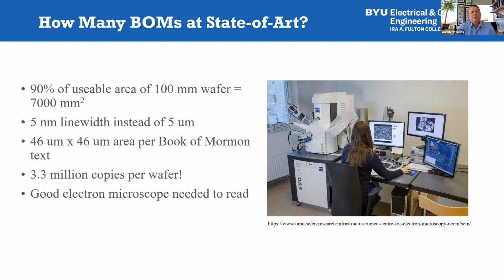So that would mean 3.3 million copies comfortably on a 100 millimeter wafer. To read it, however, you'd need a really good electron microscope. I don't think that one shown would be good enough to see those letters accurately. So it'd be tough to read, but you'd have a lot of copies.